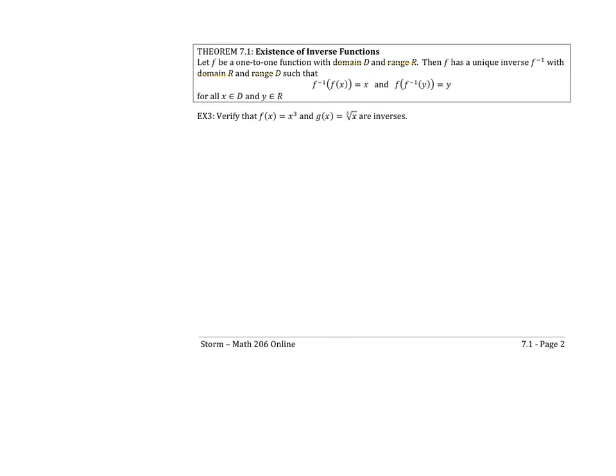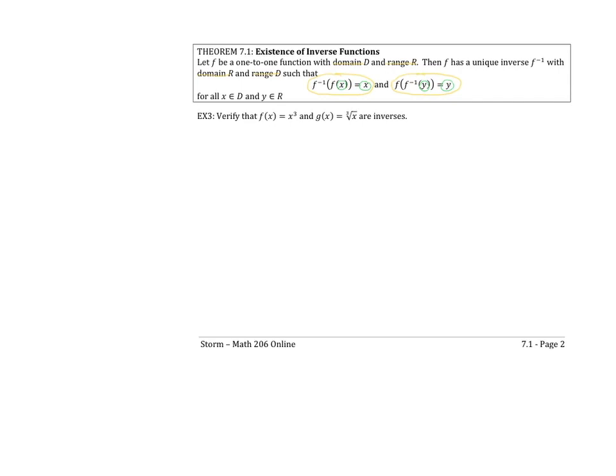And the second thing you have to check is that if you compose them in both directions, what you put in is what you get back out.